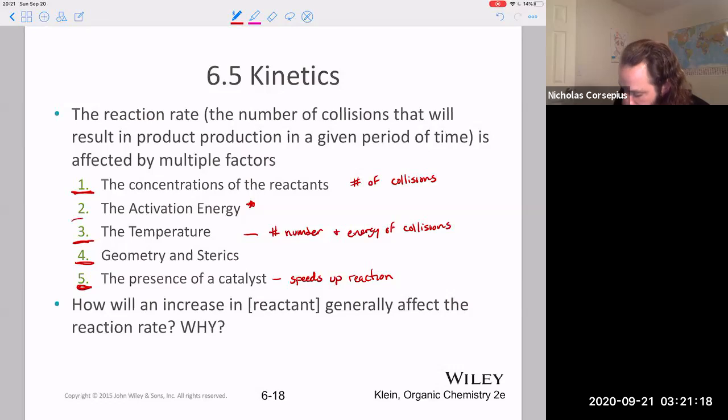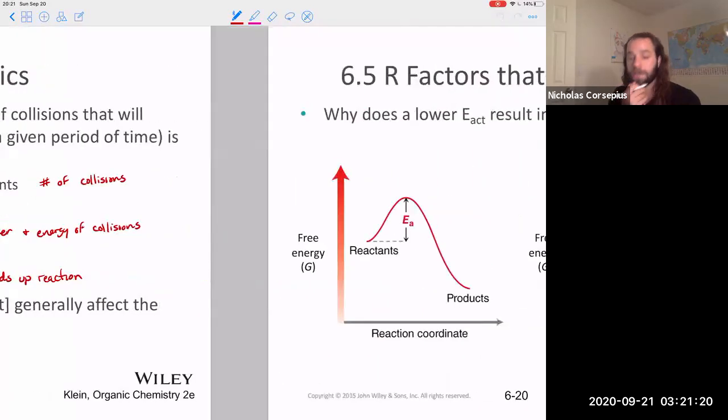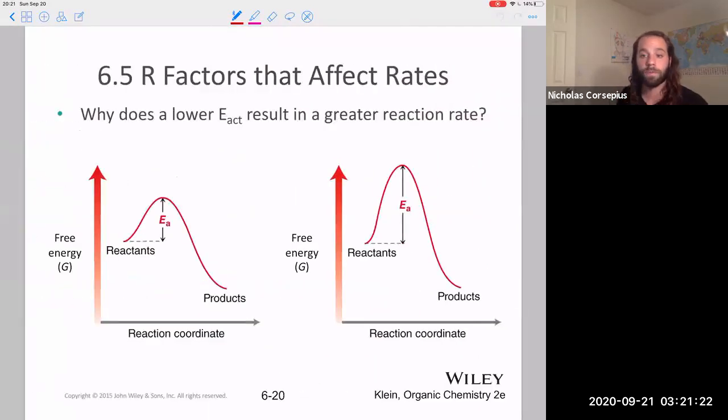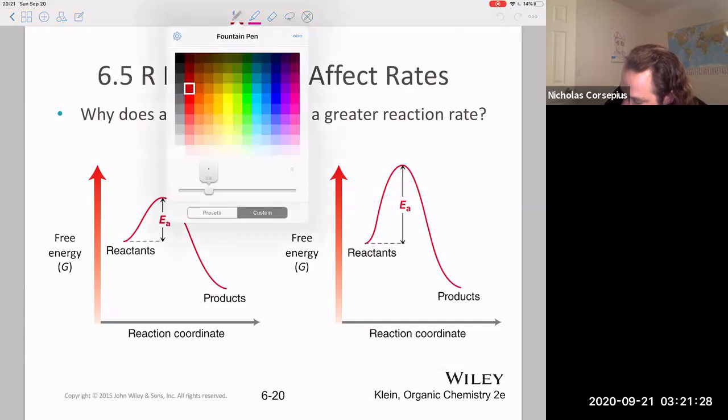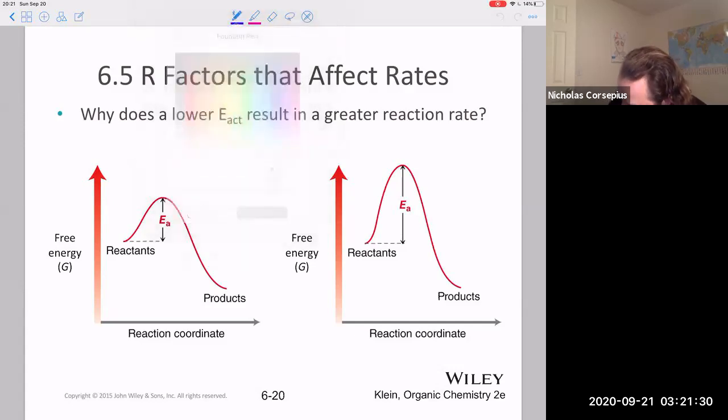Let's focus on this activation energy, because this corresponds to our free energy diagrams. Remember what we were talking about, a reaction occurring. We're going to start off with everything on this side, and then slowly things are going to deplete from this side and end up on this side, as my reaction occurs.